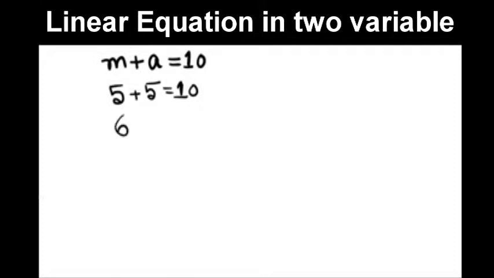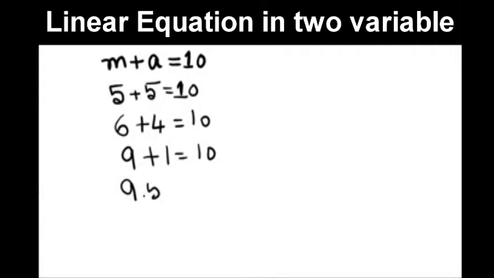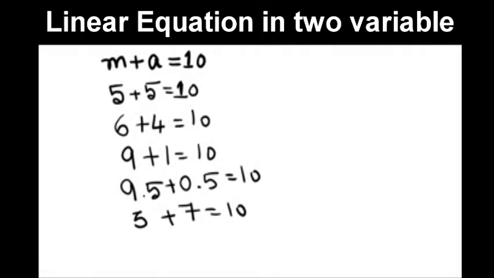For example, 6 plus 4, or 9 plus 1, or 9.5 plus 0.5, or the value of the mango may be 3 rupees, the value of the apple 7 rupees, and so on.